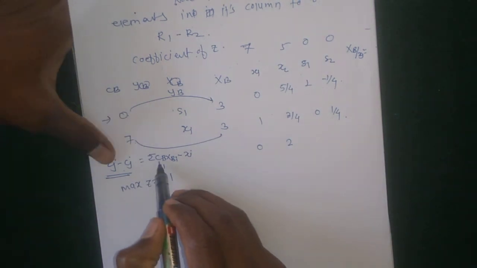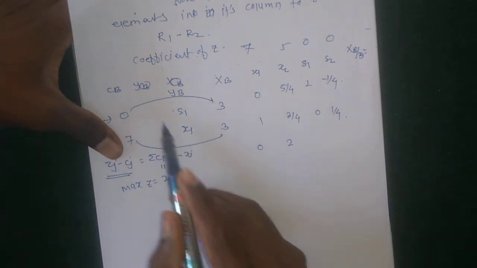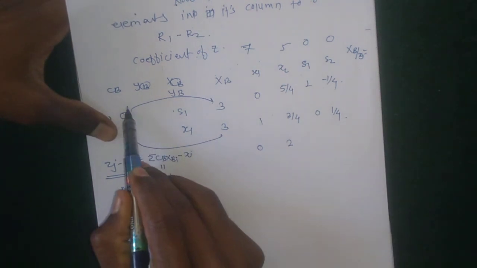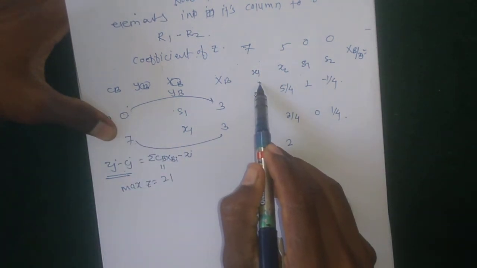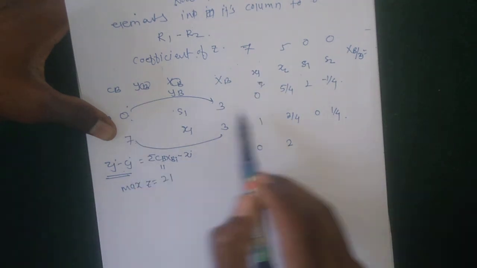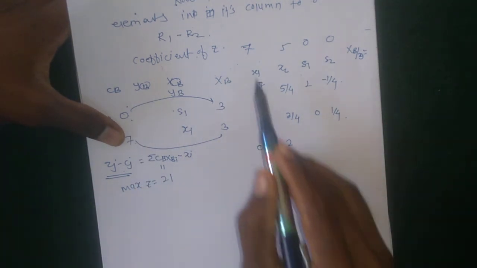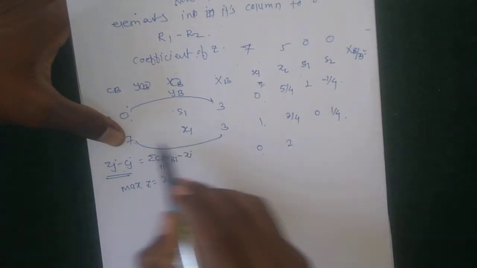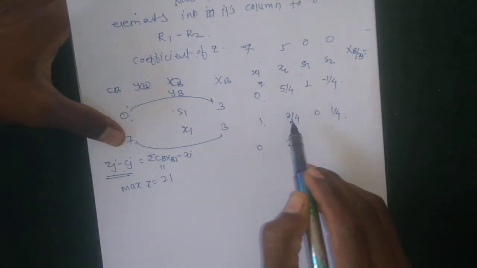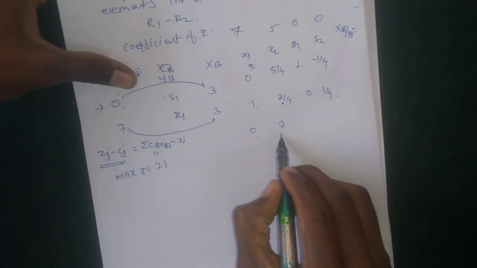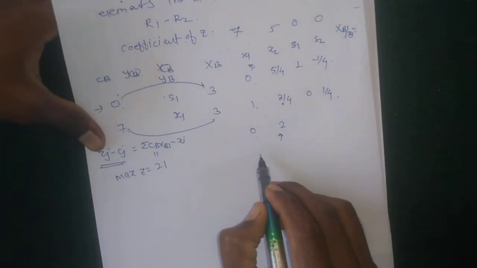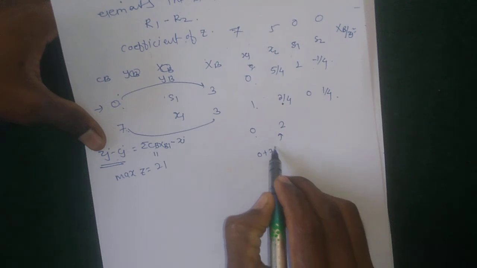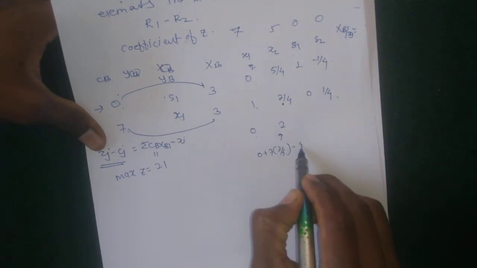Zj minus cj, how to calculate here? So multiply this cb into xbi. Okay, so multiply here, 0 into 0, 0, 7 into 7 minus 7 is 0, 0 into 5 by 4, 7 into 3 by 4. Okay, so putting this value it is 0 plus 7 into 3 by 4 minus 5.